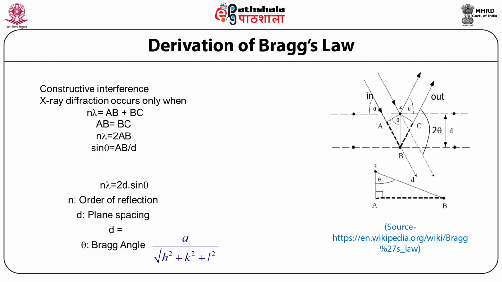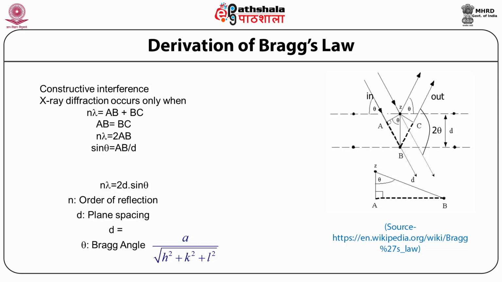Therefore, we can say n lambda is equal to 2AB. On rearranging, we have n lambda is equal to 2d sin theta, and Bragg's law has been derived as n lambda is equal to 2d sin theta. This is Bragg's law, where n is the order of reflection, d is the interplanar spacing, and theta is the Bragg's angle.